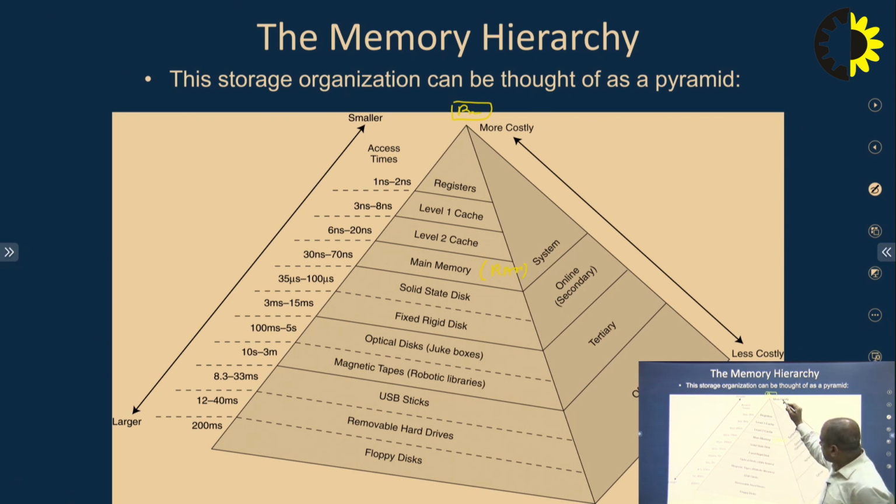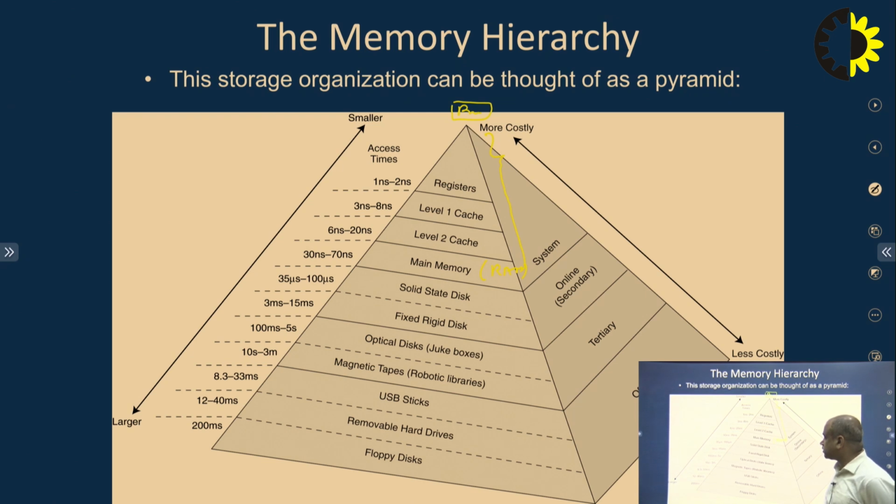Up to this one is system memory. These are fixed on the device, on the motherboard, and we can't change these kinds of memories, except RAM. Next, another kind of storage is secondary or auxiliary storage, that is the solid state disk, SSD.